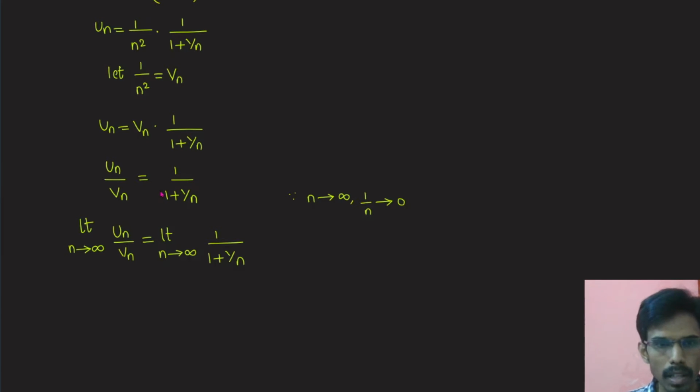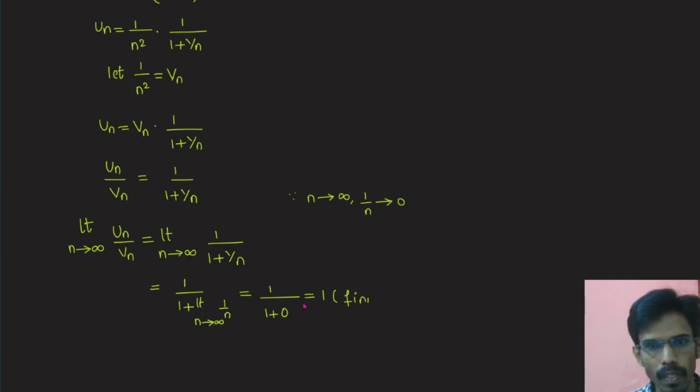So applying this limit, 1 as it is. Now limit n tends to infinite 1 by n value will be 1 by 1 plus limit n tends to infinite 1 by n value is 0. So we have 1, a finite number. So this ratio is a finite number.